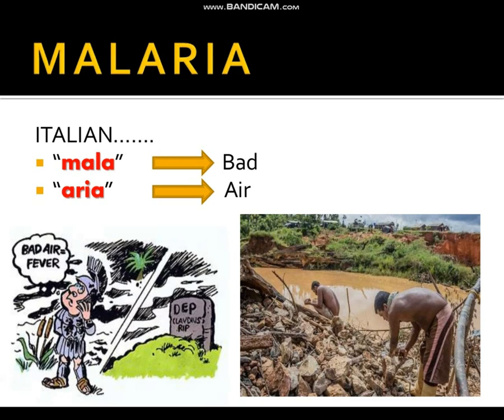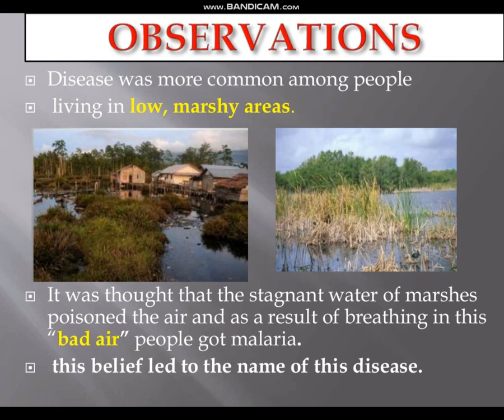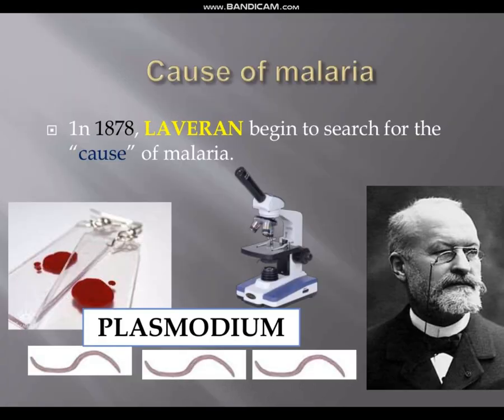That was once their observation. I'm not saying that it is correct. These are just observations: that malaria is more common in areas that have stagnant water, and that plasmodium must be present in the blood samples of those who have malaria.